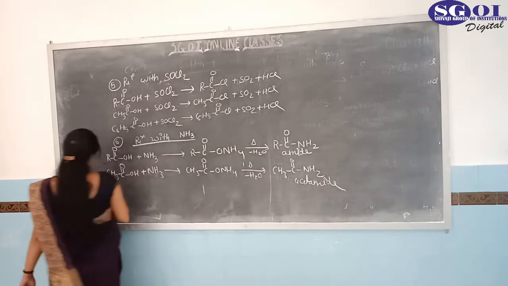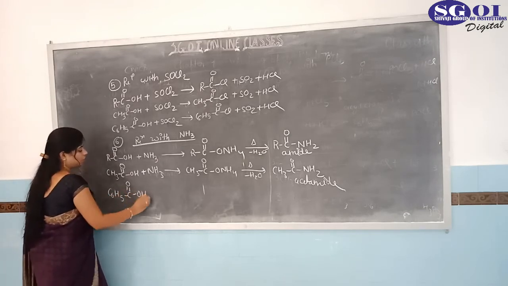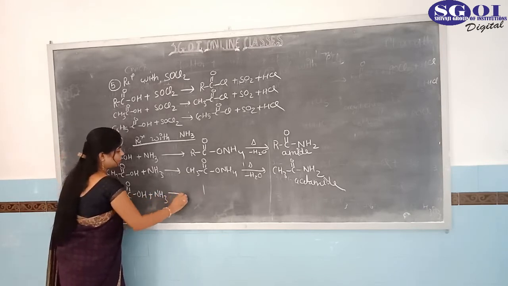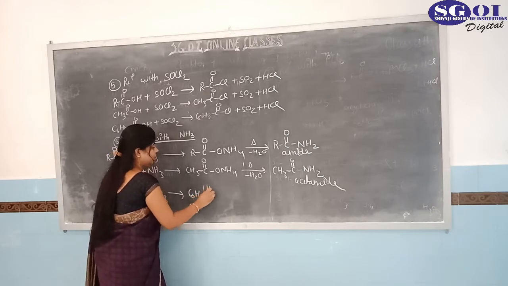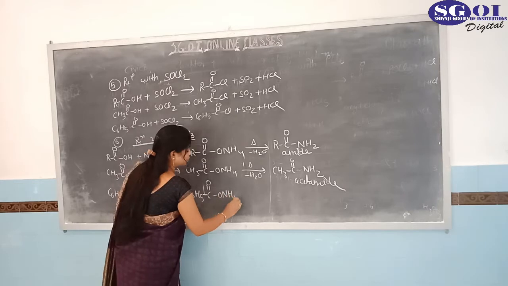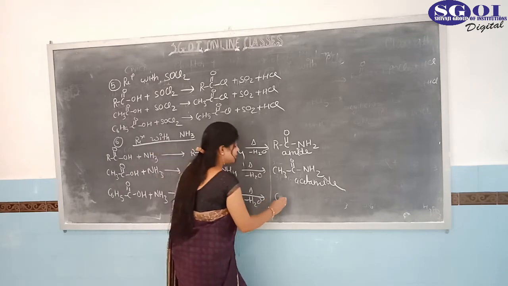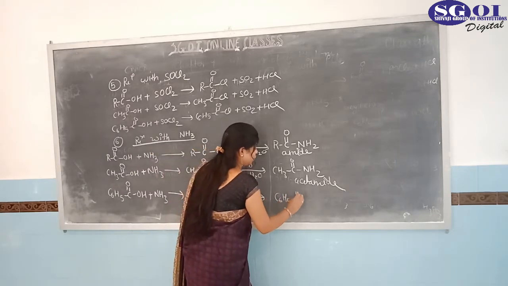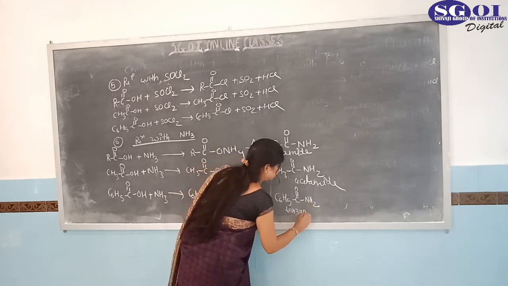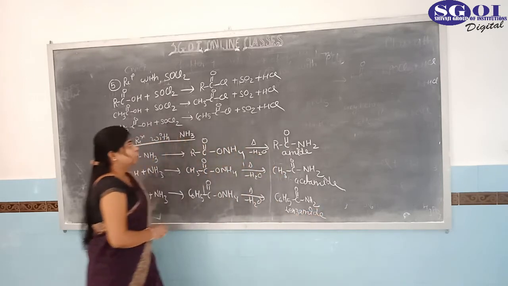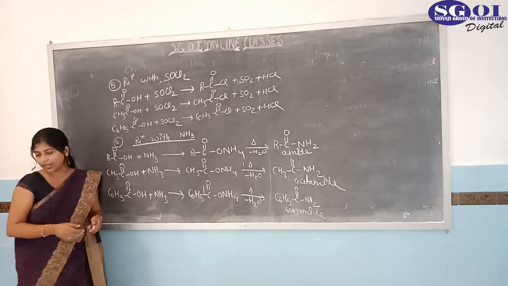Now when C6H5COOH reacts with NH3, it gives C6H5COONH4. After heating, removal of water takes place, and what we get, C6H5CONH2, that is benzamide. So this is the complete reaction with ammonia. Note down these two reactions and move to the next.